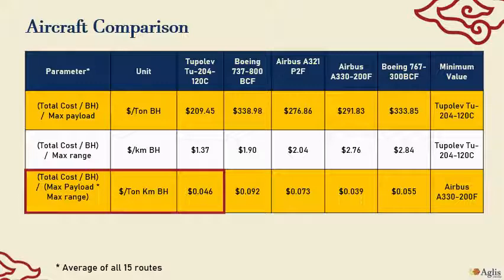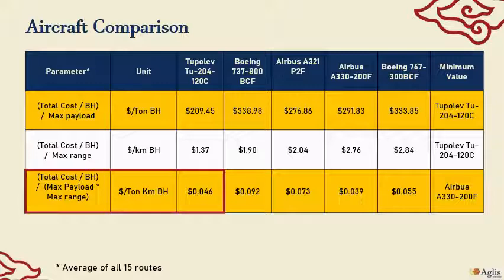For the parameters in the first 2 rows, the aircraft that requires the lowest total cost is the Tupolev Tu-204-120C, in terms of maximum payload capacity and maximum range. For the parameters in the last rows, the aircraft that provides the lowest total cost is the Airbus A330-200F, where these parameters are like cargo yield, within the scope of maximum payload and maximum range of the aircraft.